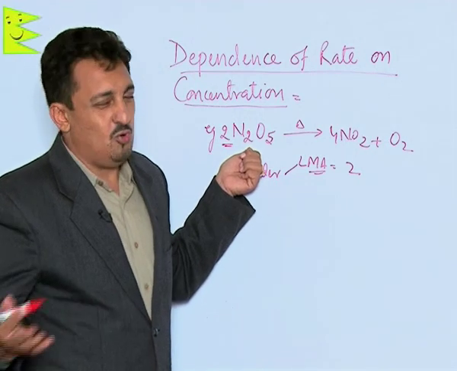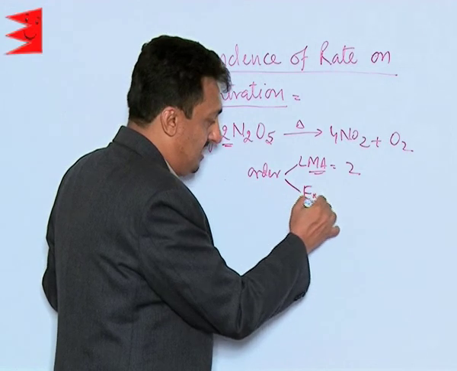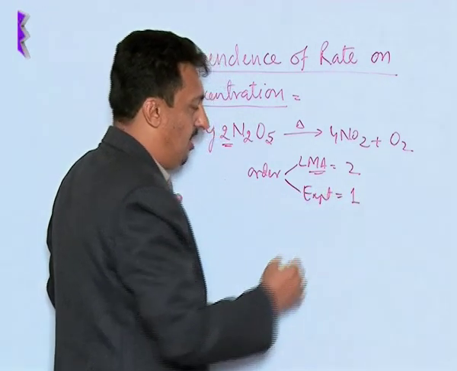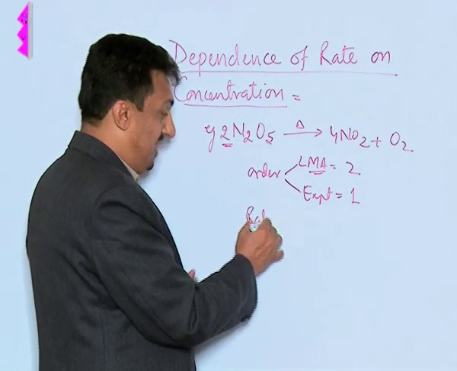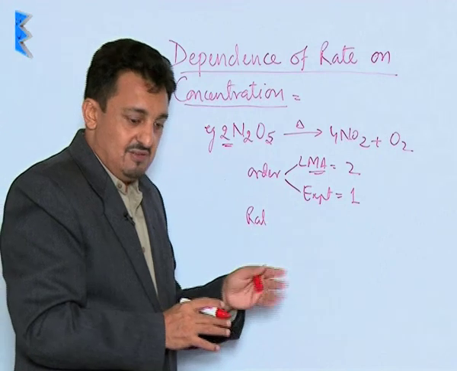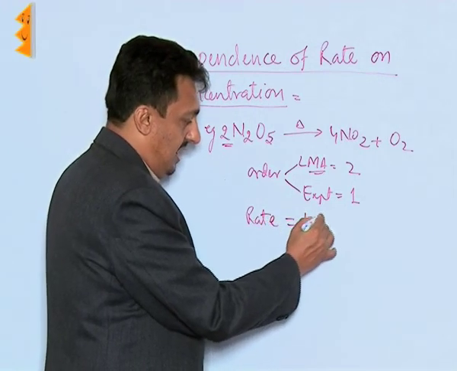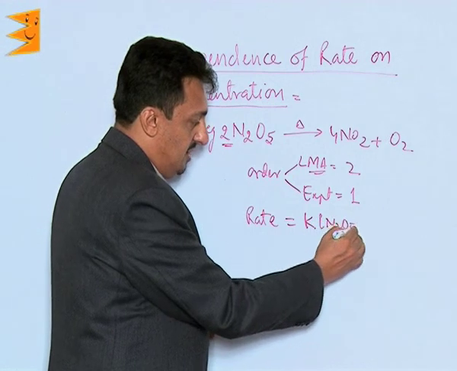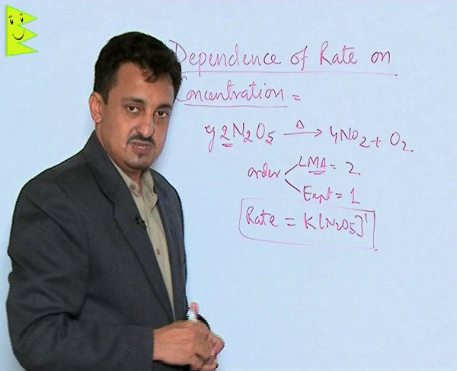But experimentally we find that the order of this reaction is 1. So the rate expression as per the rate law will be: rate equals K times the concentration of N2O5 to the power 1.